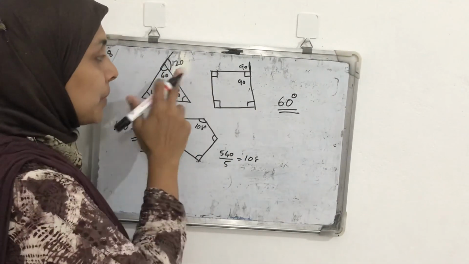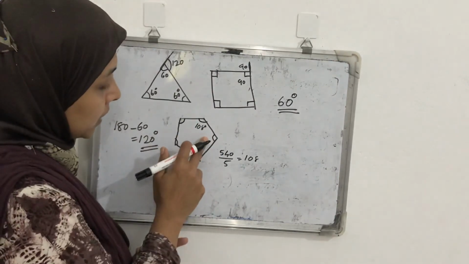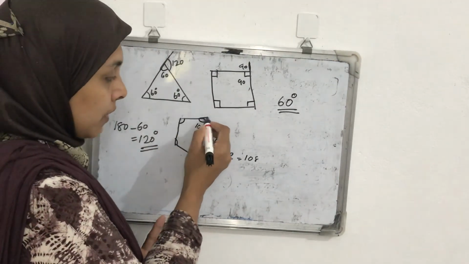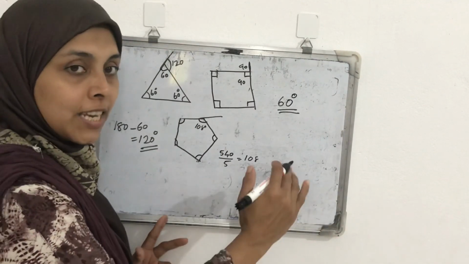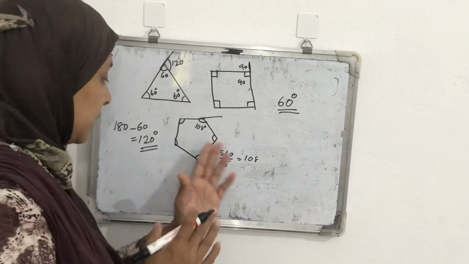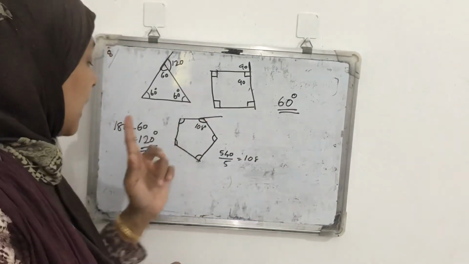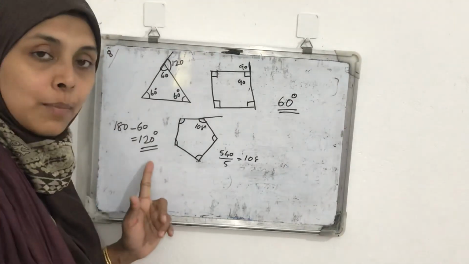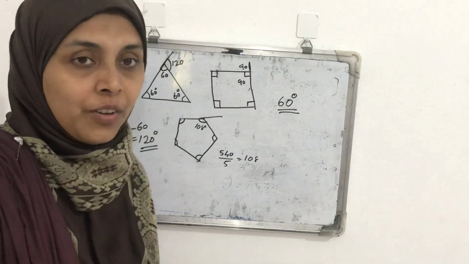So the maximum exterior angle possible is 120. In other cases, the exterior angle will be less than 90 and decreasing. If the number of sides increases, the exterior angle decreases. So the minimum interior angle possible is 60 degrees and the maximum exterior angle possible is 120 degrees. Okay, thank you.